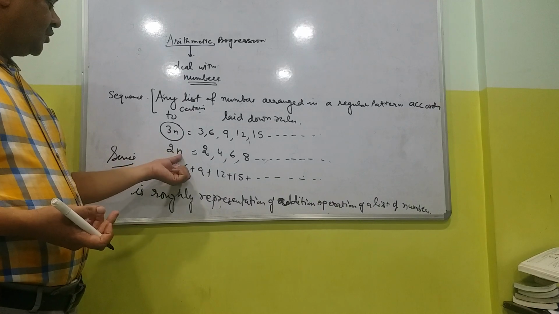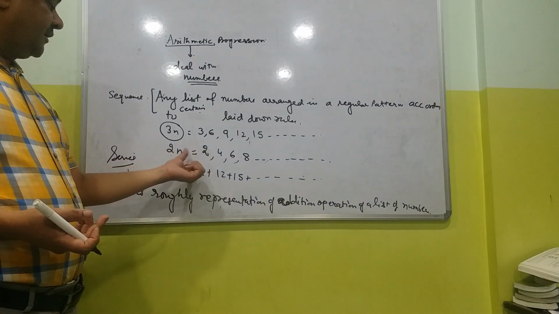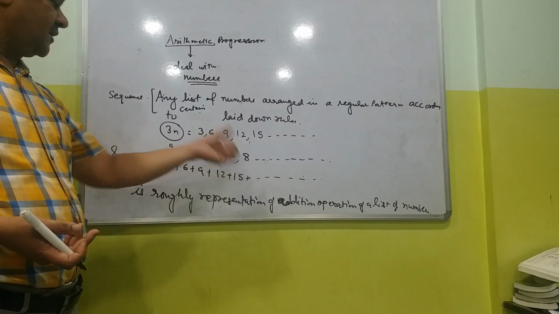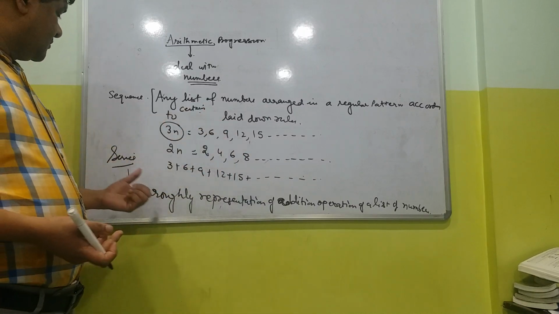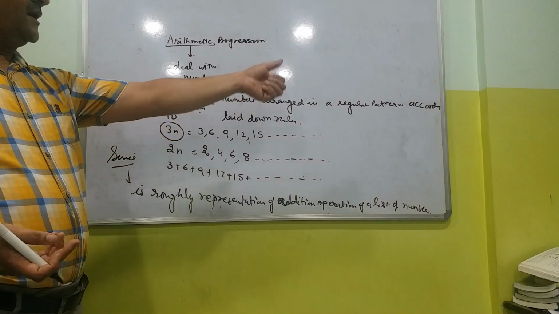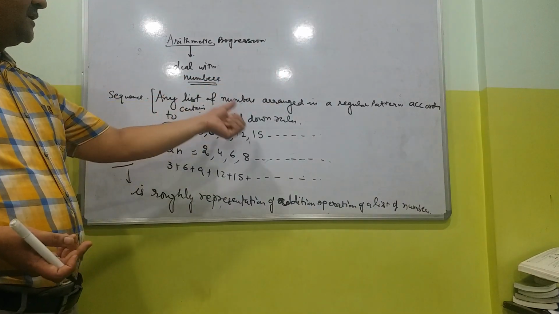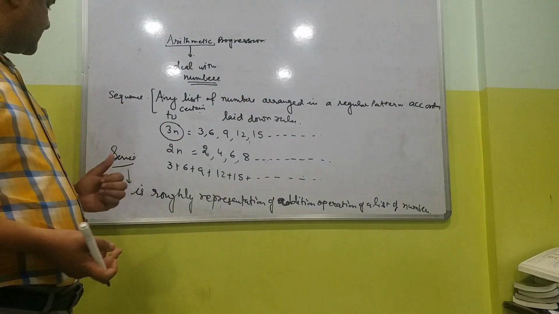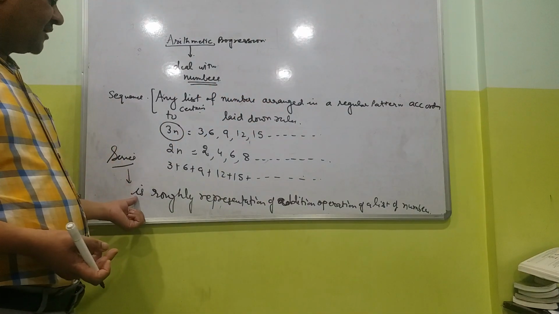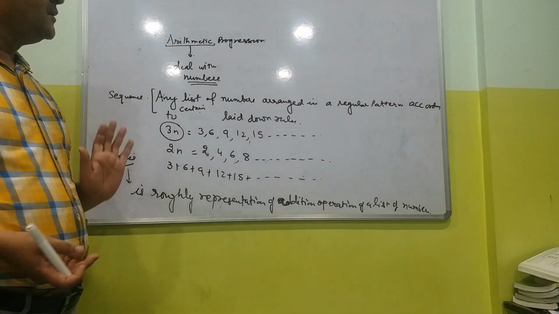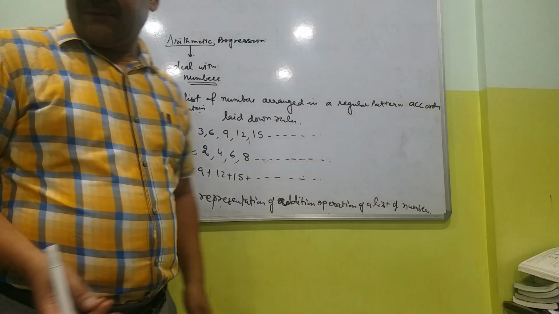Similarly here 2n, so 2 into 1, 2, 2 twos are 4, 2 threes are 6, 2 fours are 8, right? Such a list of numbers arranged in a regular pattern according to certain laid down rules is called a sequence. And a series is roughly a representation of the addition operation of a list of numbers, right?